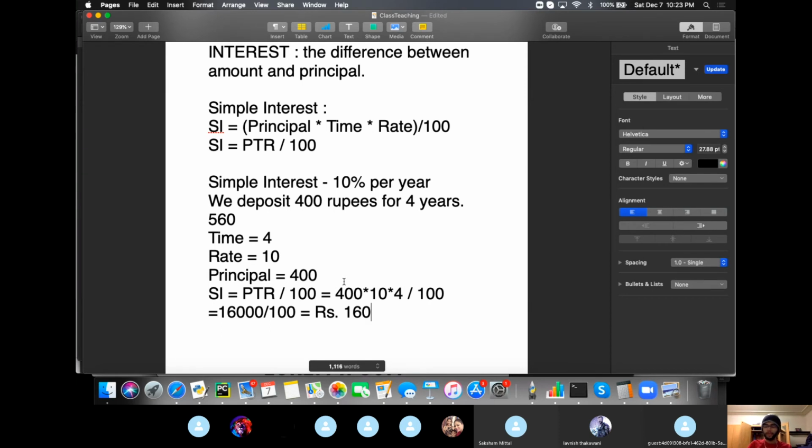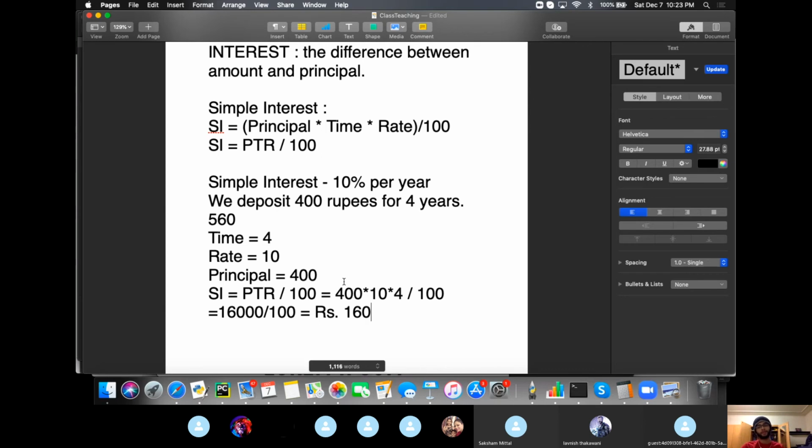And that is the same interest that we got, right? When we did it by addition, we got the same answer. So this is all that simple interest is about.